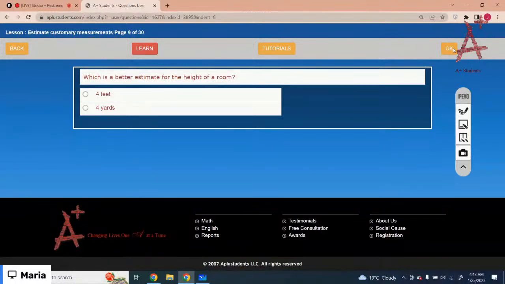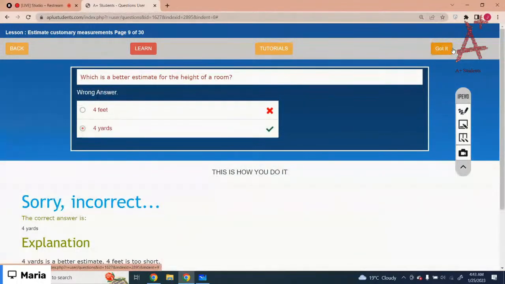Better estimate for the height of the room, it would be 4 feet. Got it? Because yards is much bigger. Oh, 4 feet is too little. Got it? For the height of a room, it would be 4 yards.